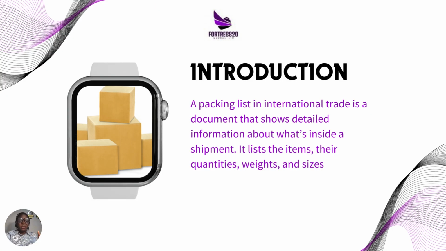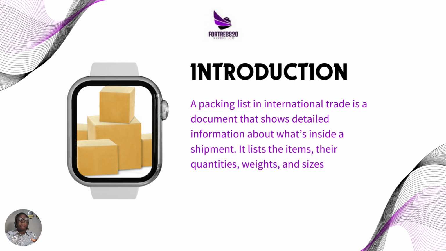If you have ever received a package, you are probably familiar with a packing list. It's that document that comes with the package detailing what's included in the shipment. In international trade, a packing list is a detailed document that outlines what's inside a shipment.